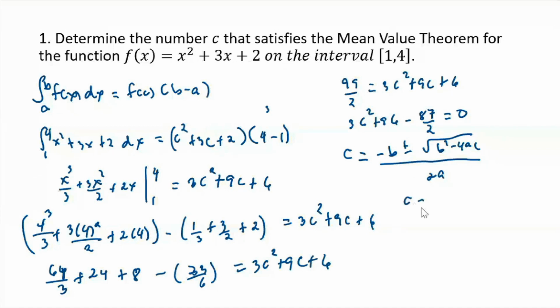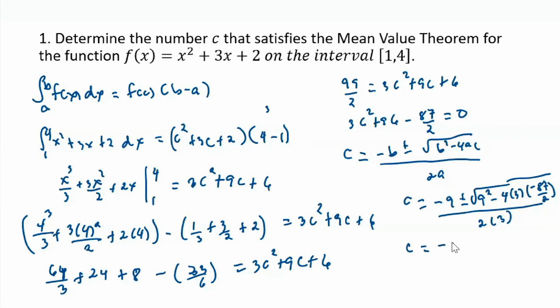So by substitution, we can write c is equal to negative 9 plus or minus the square root of 9 squared minus 4 times, your a is 3 and c is negative 87 over 2, all over 2a, we have 2 times 3.